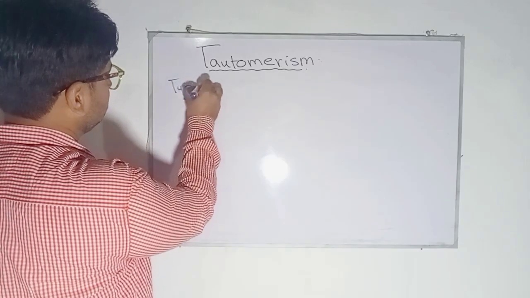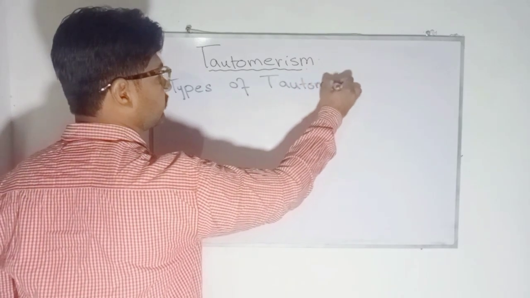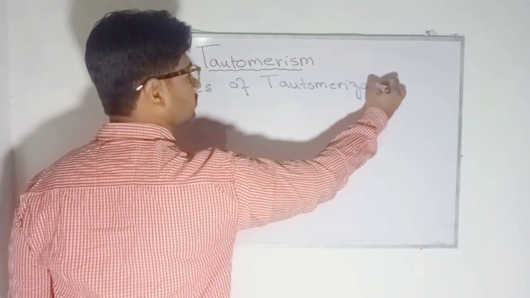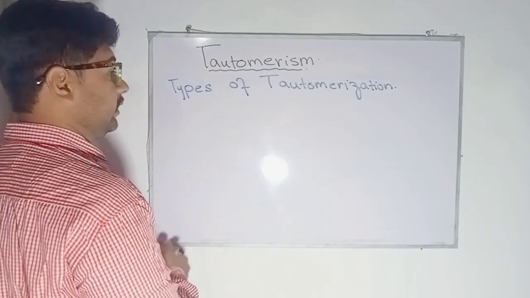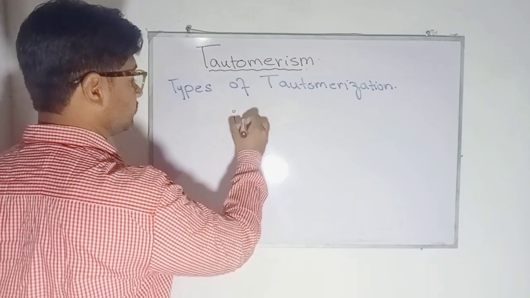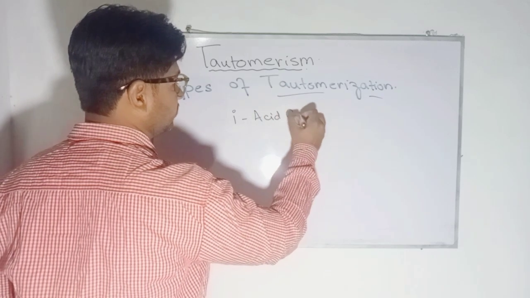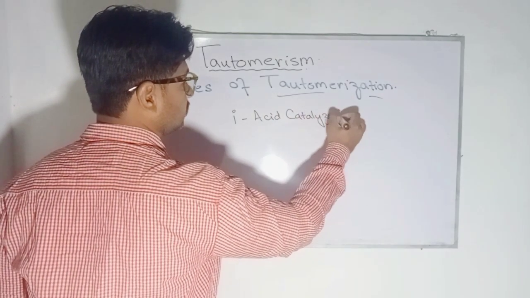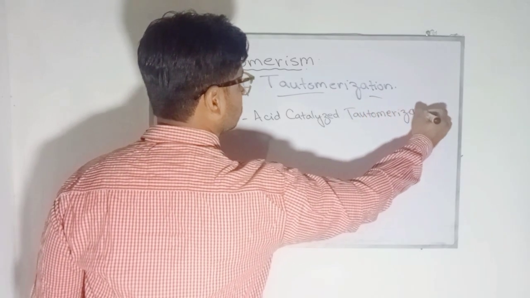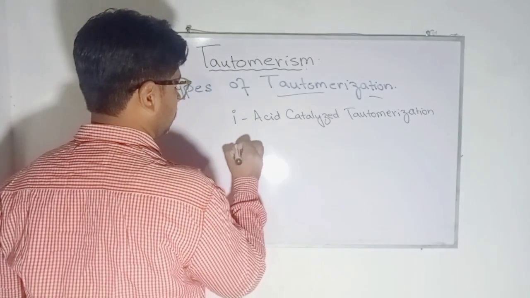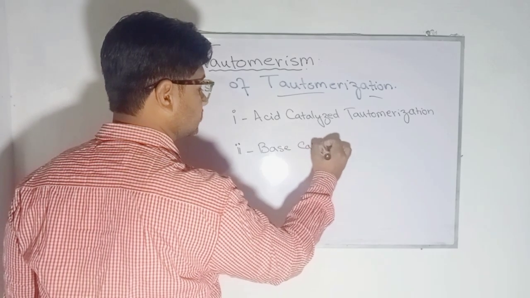Let us discuss the types of tautomerization. Remember that tautomerism is divided into two types. One is called acid catalyzed tautomerization, and the second one is called base catalyzed tautomerization.